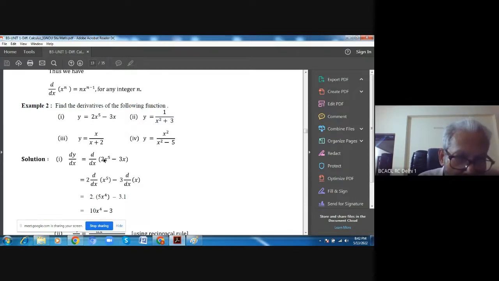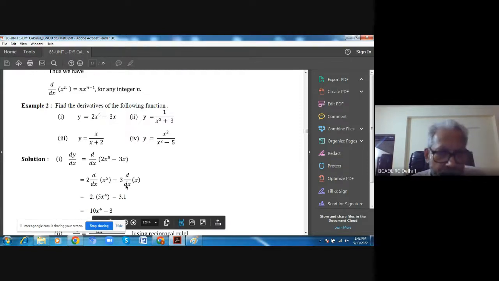Values like 2, 3 or any constant value, don't differentiate these; simply 2 will come in front. So 2 we are not differentiating, 2 straightaway comes here. So we are concerned about dy/dx of x to the power 5, this portion only. And minus 3x, here also 3 automatically comes here. And we are concerned about dy/dx of 3x only, this part only.